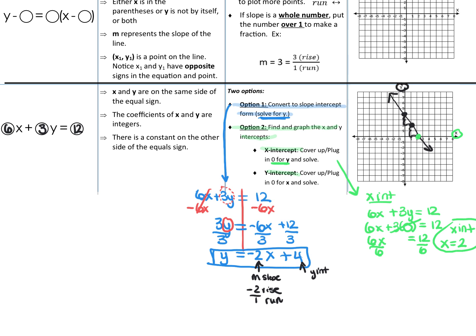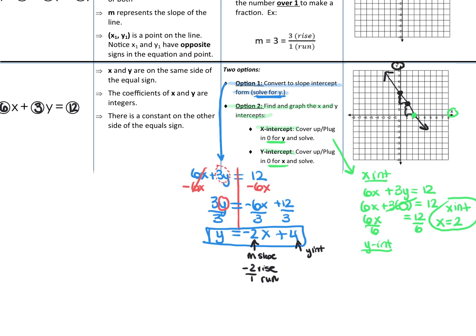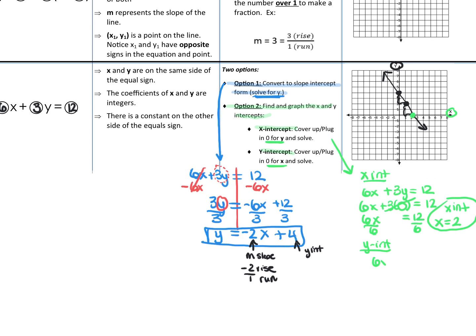And if I do it again for the y-intercept, it says 0 for x. So I'll write my equation, 6x plus 3y equals 12. And then the x becomes 0, so it's 6 times 0 plus 3 times y equals 12. 6 times 0 is just 0, so I have 3y equals 12.